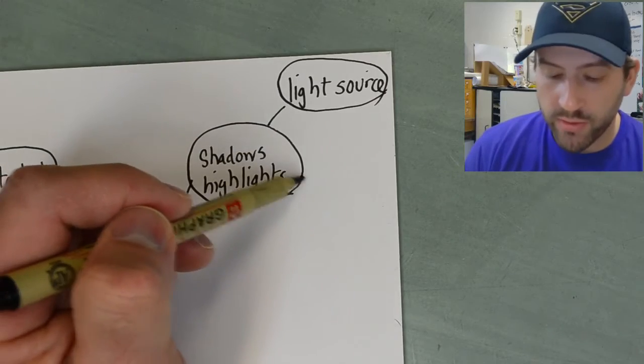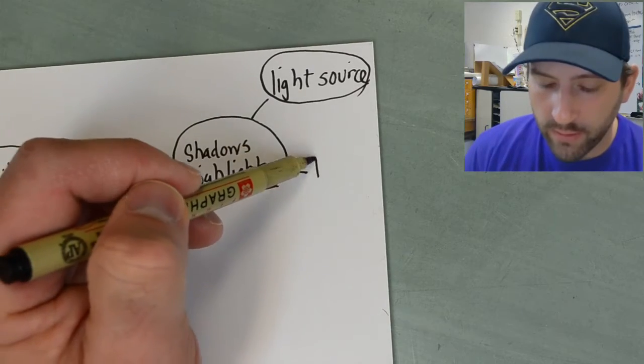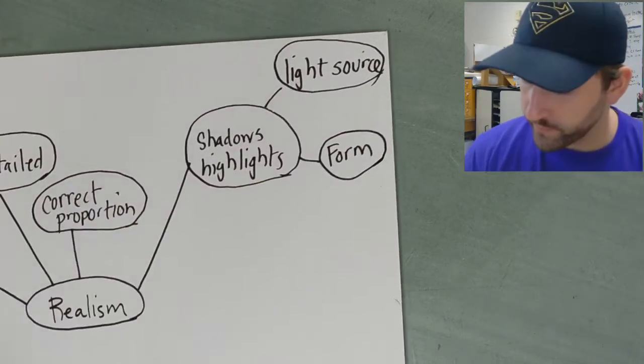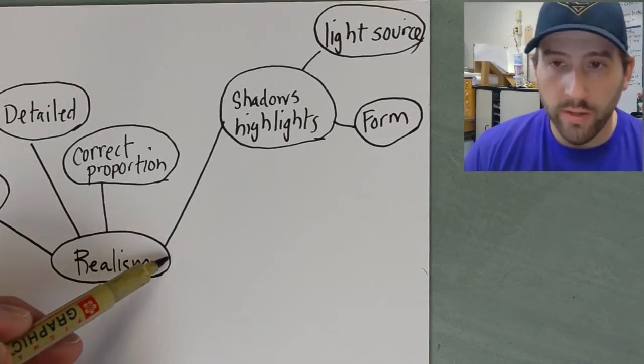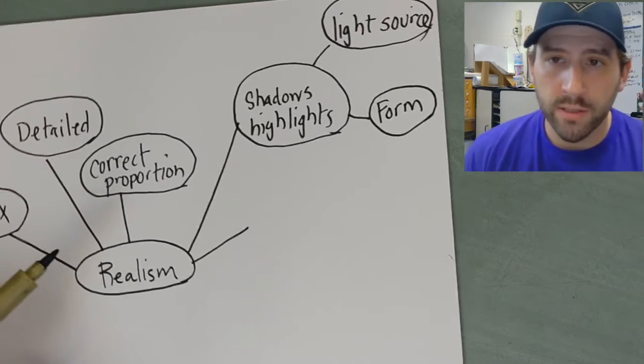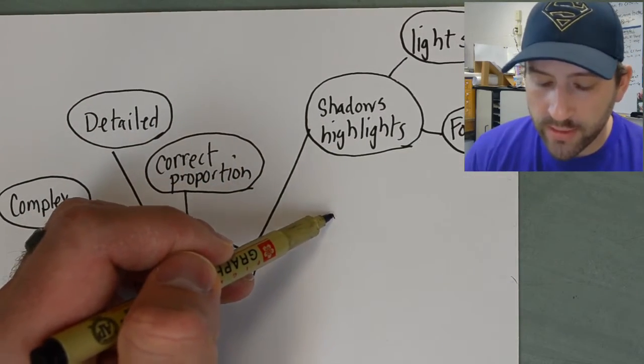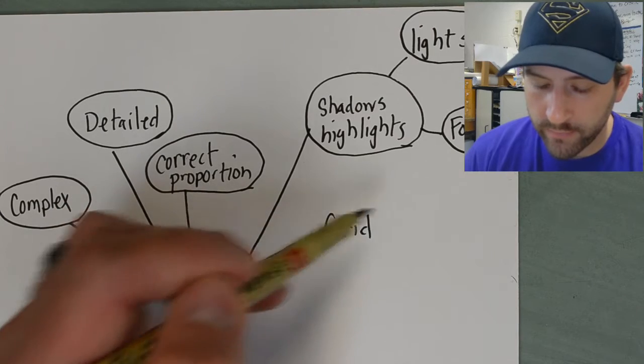Think about how shadows and highlights create believable form. One of the ways to make things look more realistic, especially as a student, is to utilize the grid drawing method.